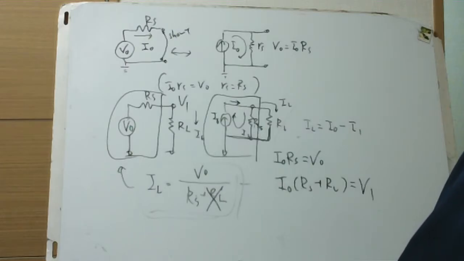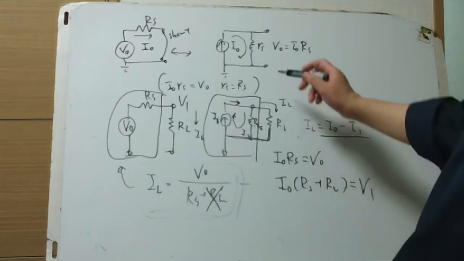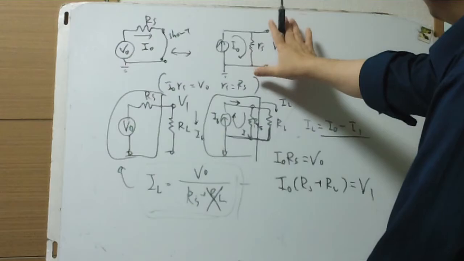Must be equal to V1. But IL equals this, and I1 equals not this, because this is open.